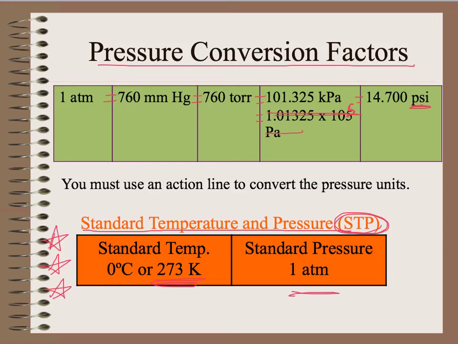Later on I'll be saying things like, hey, convert that to standard temperature and pressure. You may say I don't have any numbers for that. If it says standard temperature, 273 Kelvin. Standard pressure, 1 atmosphere, and I'll just say at STP. So pause this and write those down.